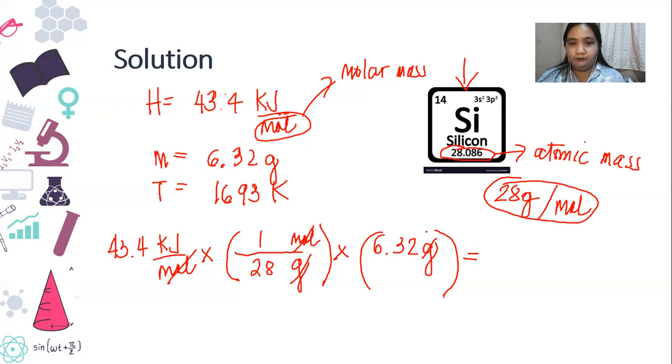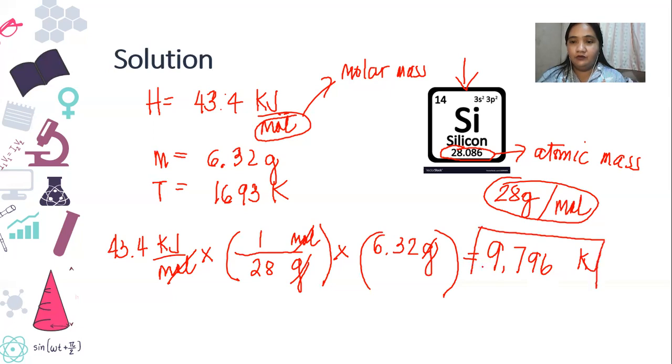I'm getting 9.796 kilojoules. Let's do that again: 43.4 times 6.32 divided by 28. That's 9.796 kilojoules. So that's our answer.